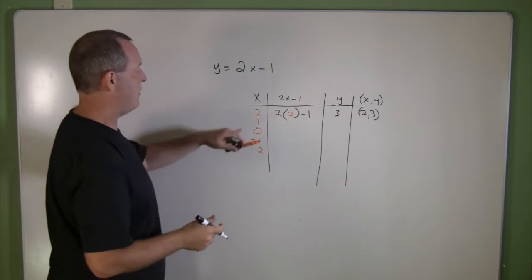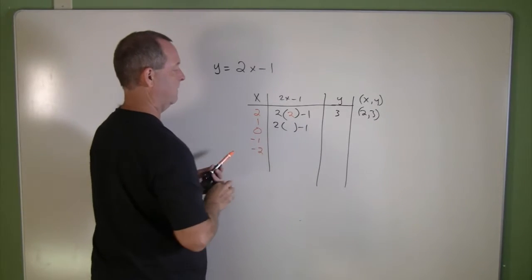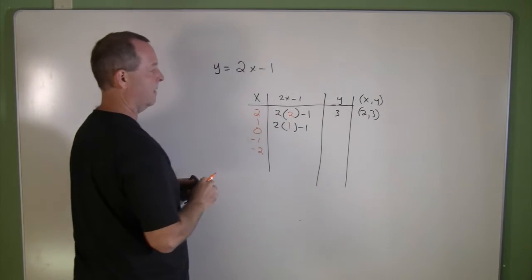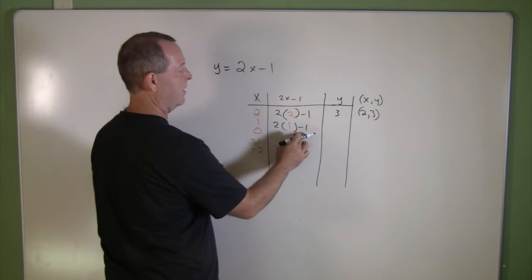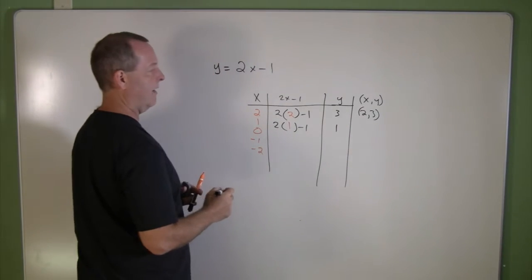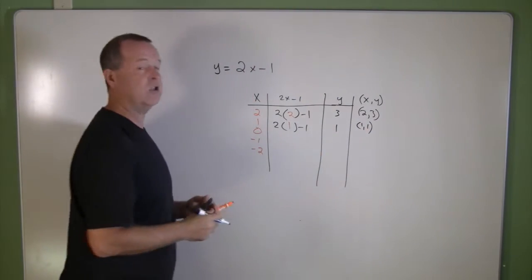And I can just follow that through with the rest of these numbers. 2 times 1 minus 1. 2 times 1 is 2. 2 minus 1 is 1. And then I have the point (1, 1). That's another solution.